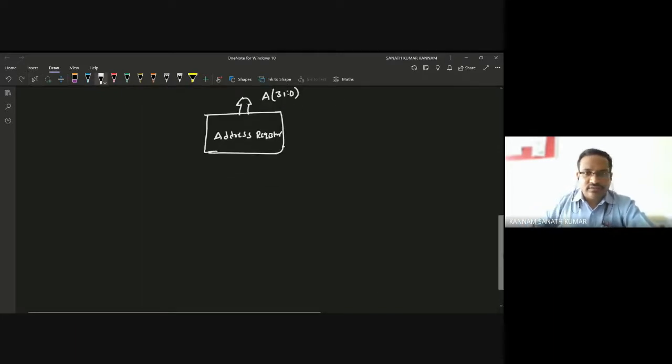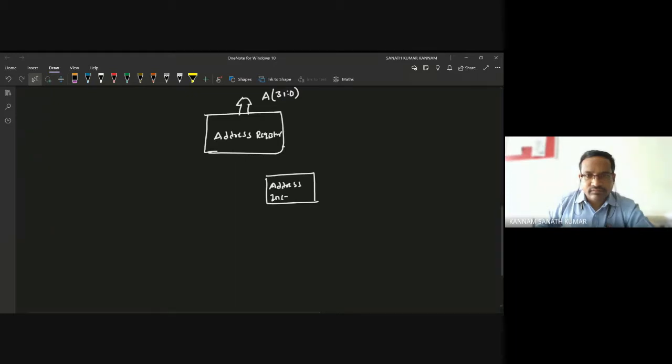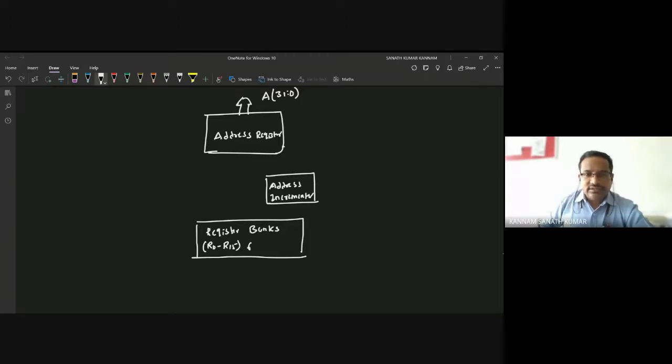Next you have the address incrementer, and you have the register bank, R0 to R15 and 6 status registers. These are connected.